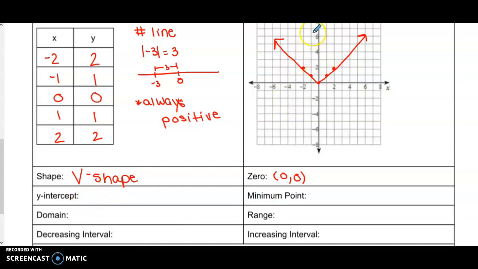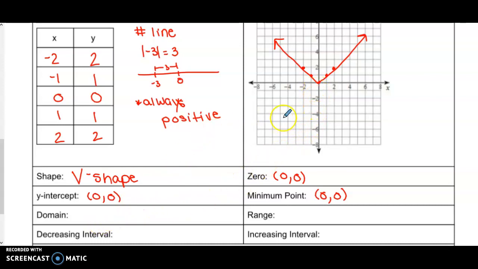The y-intercept, where it hits the y-axis, is right here at 0, 0 again. All right, so this one has a minimum point because it has a lowest point and it doesn't go any lower than that point. So the minimum point is 0, 0. The rest of the graph is above it.